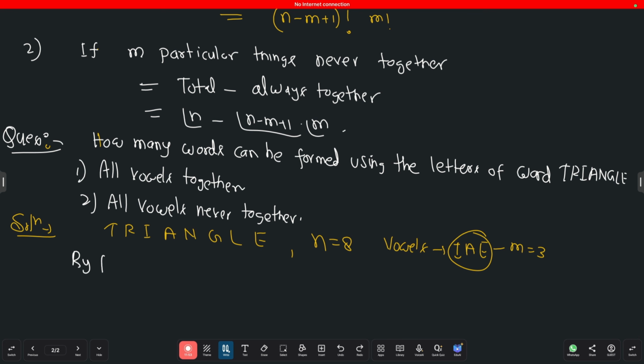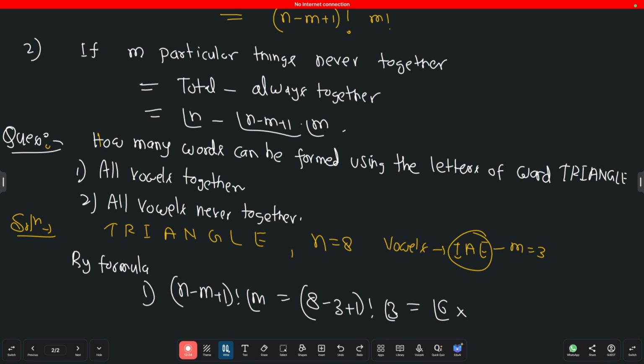By formula, the answer of the first part is n minus m plus 1 factorial into m factorial. N is 8, so 8 minus 3 plus 1 factorial into 3 factorial. So 8 minus 3 is 5, 6 factorial into 3 factorial. Correct?